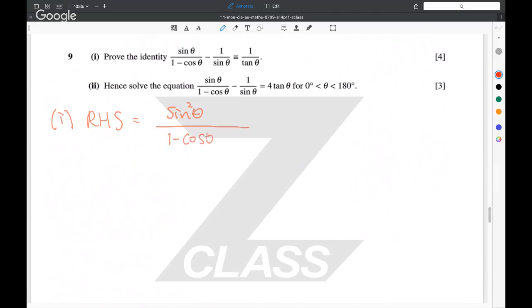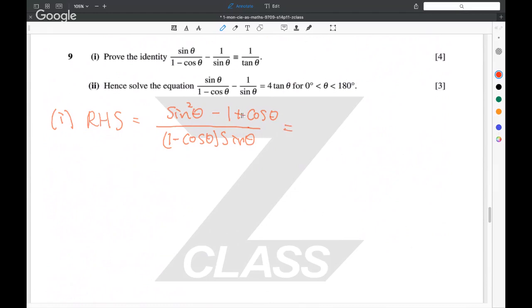So now the common denominator would be 1 minus cos theta, sine theta. On the numerator, we have sine squared theta minus 1 plus cos theta.